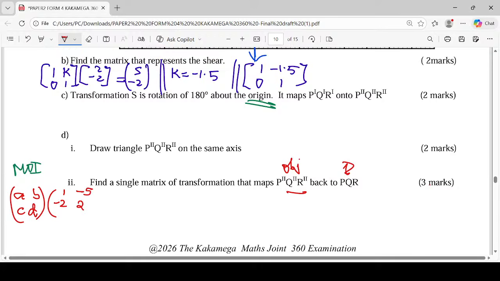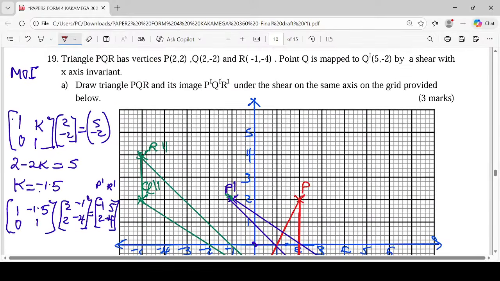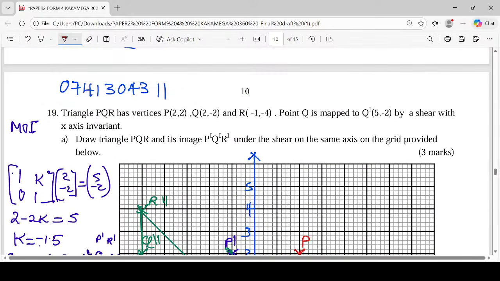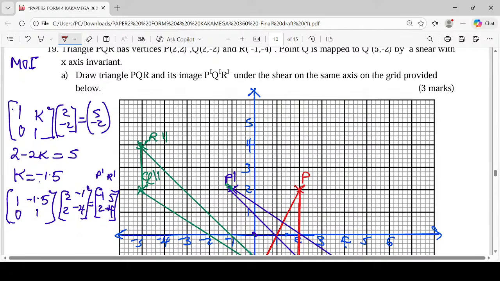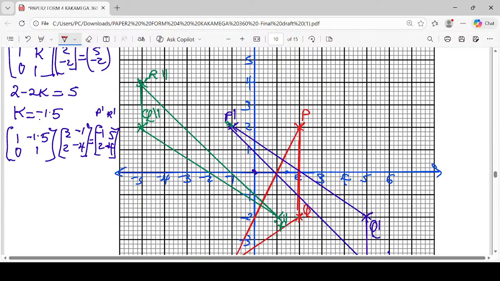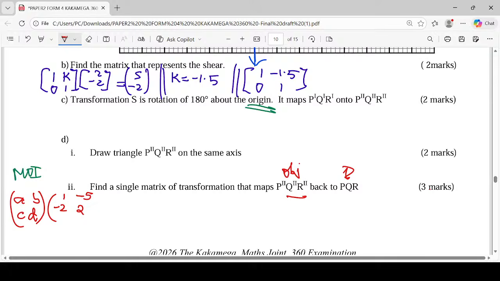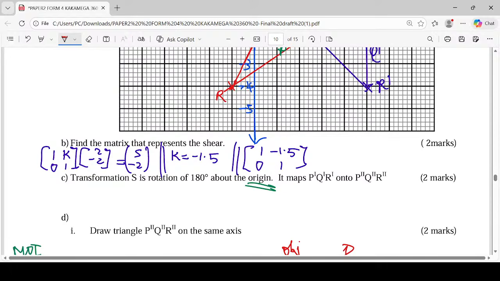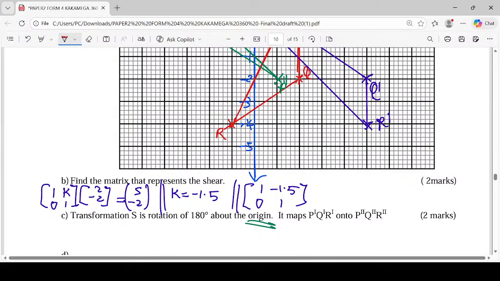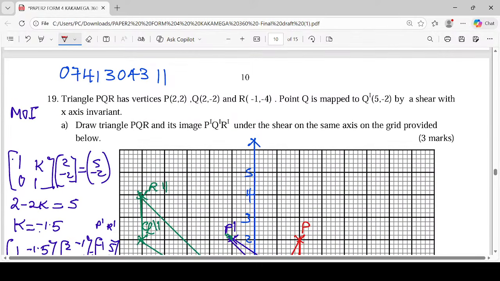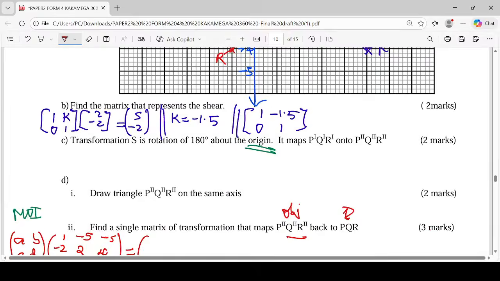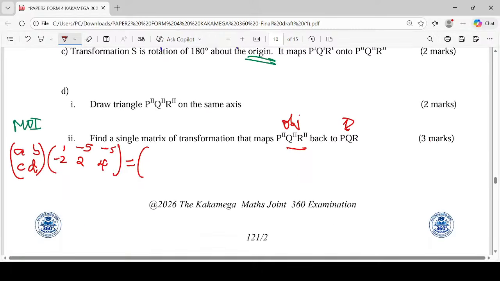And R double prime, ladies and gentlemen, is negative 5, 4. To give me the image PQR, remember P was (2, 2), Q (2, negative 2).